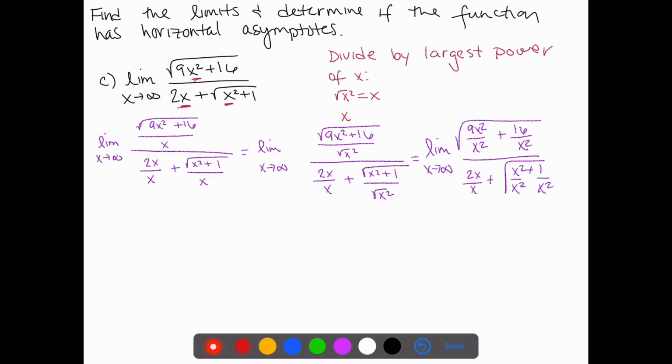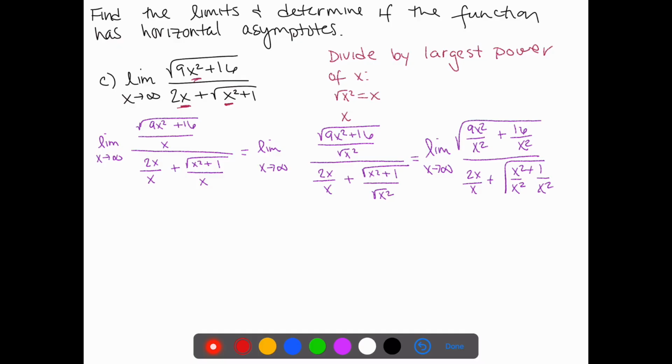So basically, to summarize this little trick: everything that was outside of the square root, I just divided by x. And if I wanted to do the division inside the square root, I had to divide by an x squared.